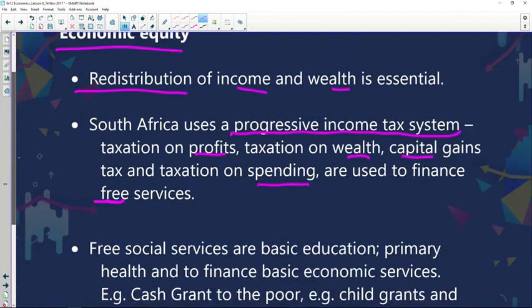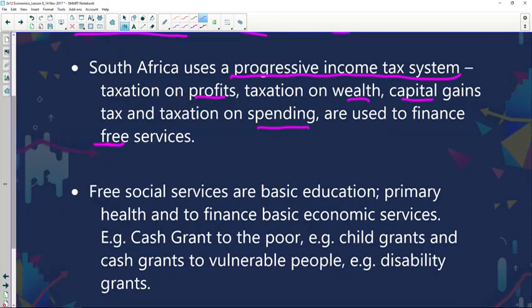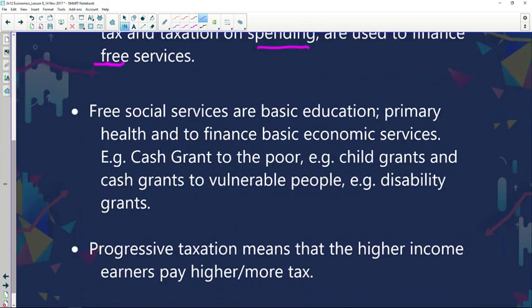Also, the money that is used to develop or build infrastructure also comes from the progressive tax system. Free social services are basic education, primary health, and to finance basic economic activities.